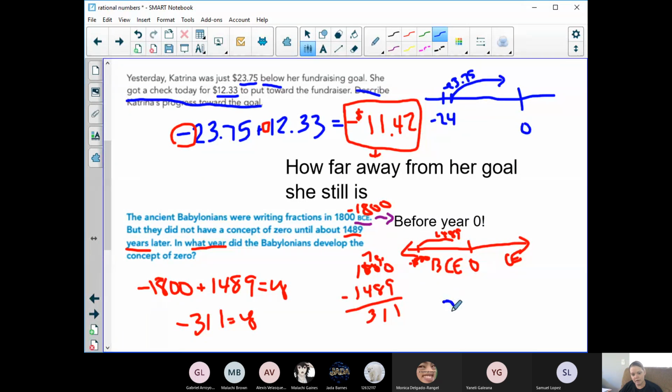Right. So our answer is that they discovered the concept of 0 in 311 BCE. Questions about that one?